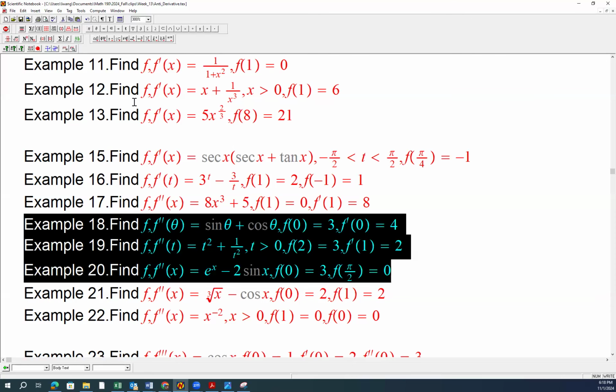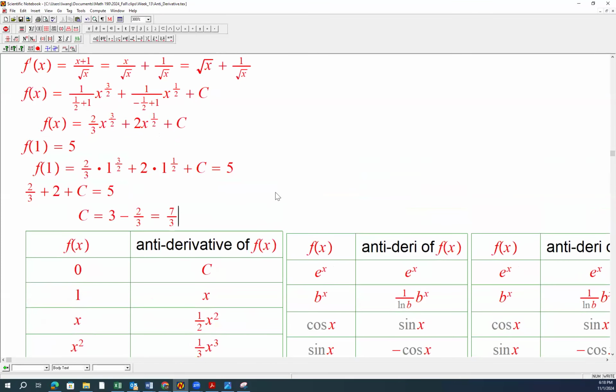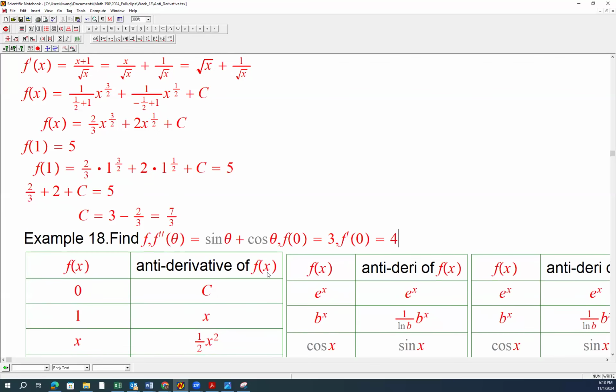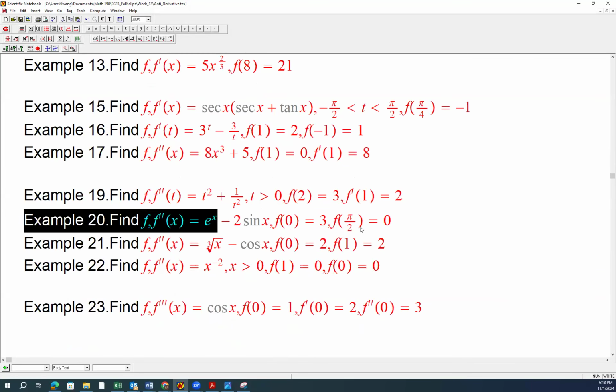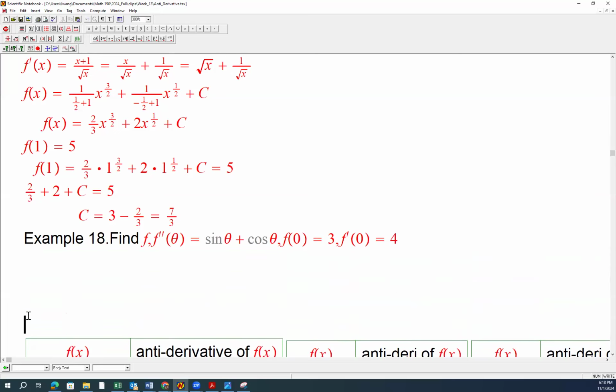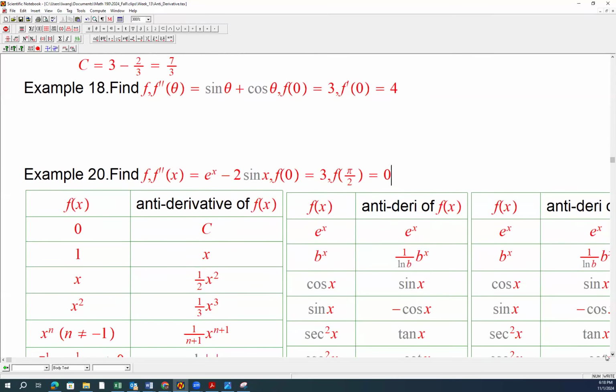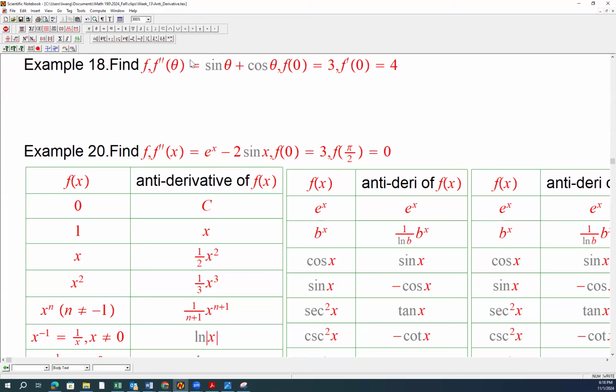Then we're going to end this recording. The reason is that we have trig functions and exponential functions in these 2 questions, and they also have 2 initial values. Okay, let's look at number 18.